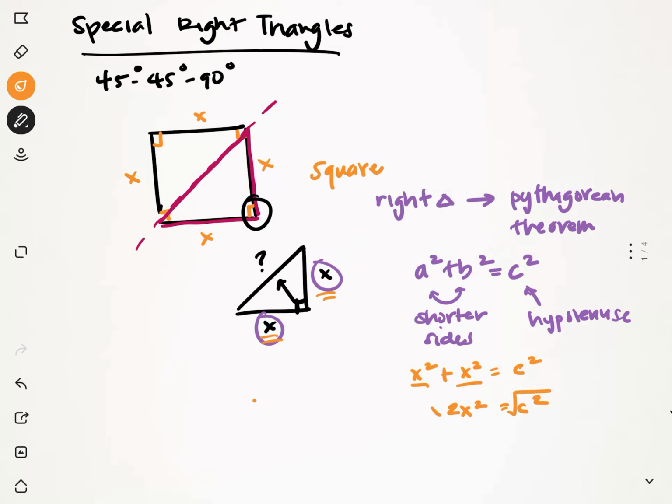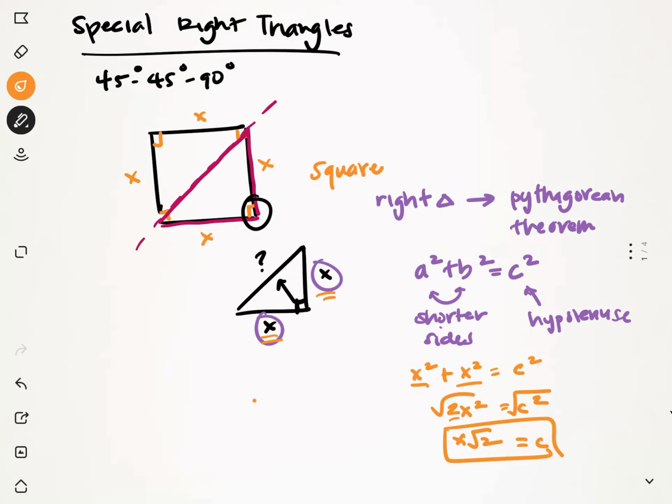Then to solve for c, we take the square root. Now x squared is a perfect square, so the square root of x squared is x. The 2 here is not a perfect square, so we leave that in the radical sign. So the longest side is just going to be the square root of 2 times whatever our x is.